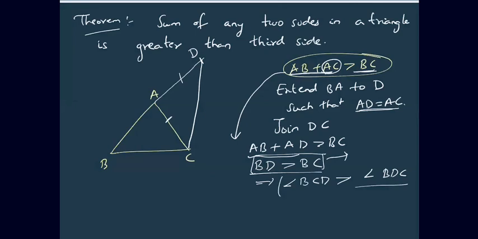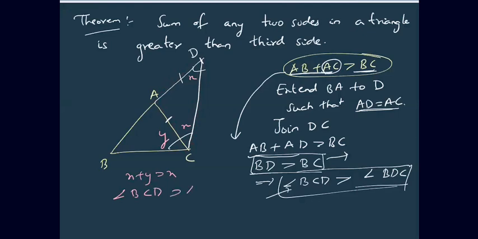From the previous theorem, we can say that the angle opposite to the larger side is larger. So we need to prove that angle BCD is greater than angle BDC. You can notice that since AC and AD are equal, each of these angles must be equal to X. That is, angle ACD is equal to angle ADC, and that is equal to X. And consider angle ACB as Y. So definitely X plus Y is greater than X. So angle BCD is greater than angle ADC, right?